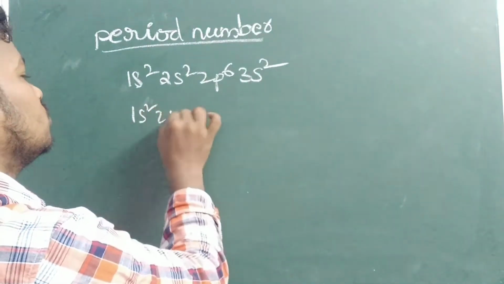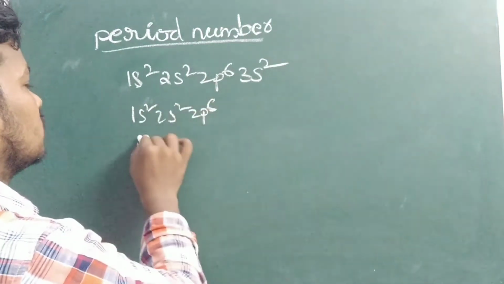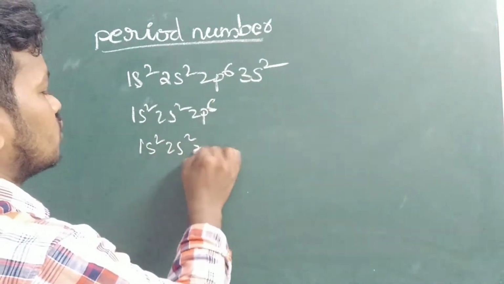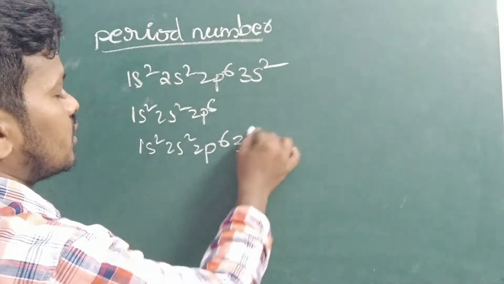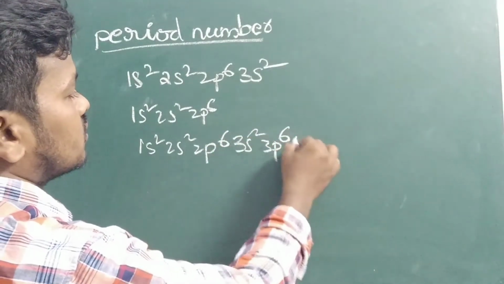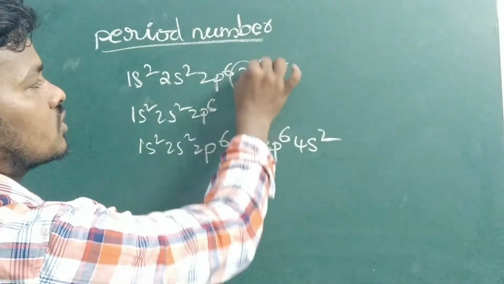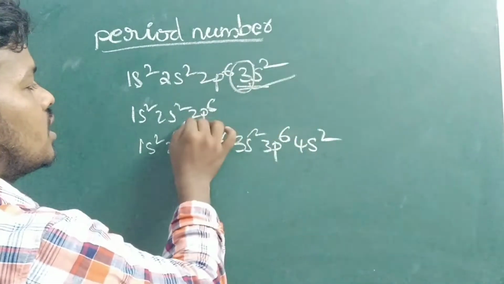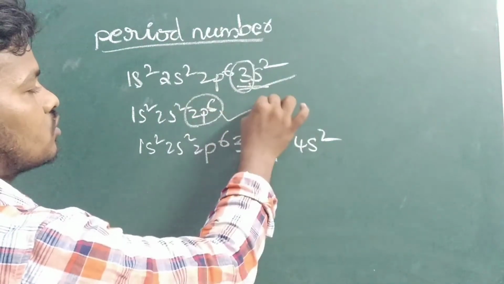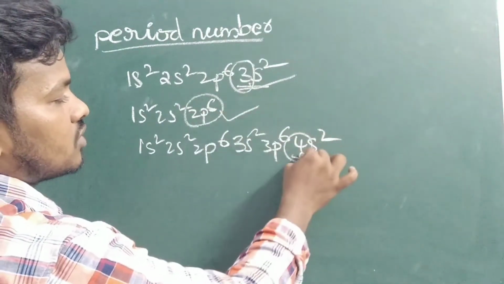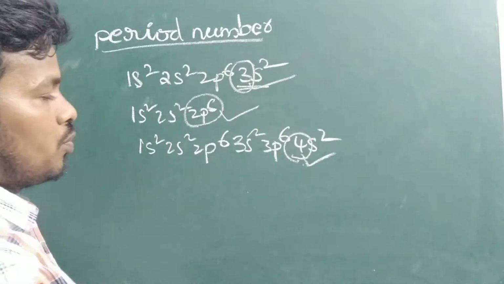And 1s2, 2s2, 2p6, 3s2, 3p6, 4s2. Here, what is the highest shell number? 3, so it belongs to the third period. Where the highest shell number is 2, it belongs to the second period. Where the highest shell number is 4, it belongs to the fourth period.